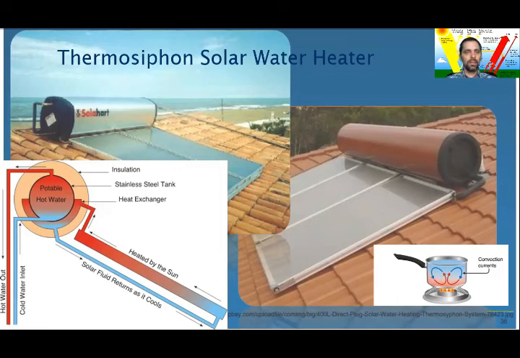In the tank, there is a heat exchanger where the warm fluid transfers the heat to the loop, which enters the living area. This means water circulates through the solar collector and tank as long as the sun is heating the water in the collector.